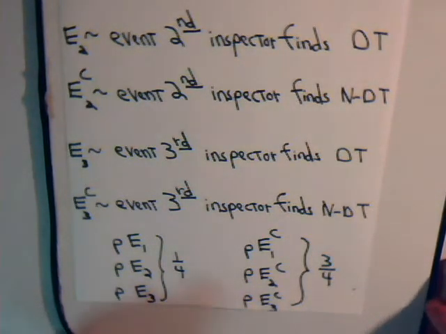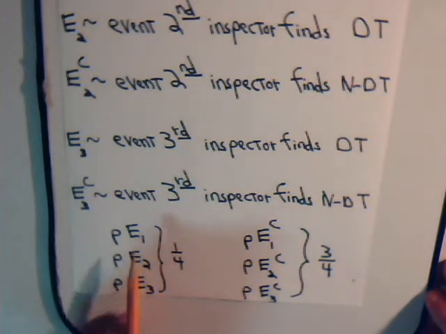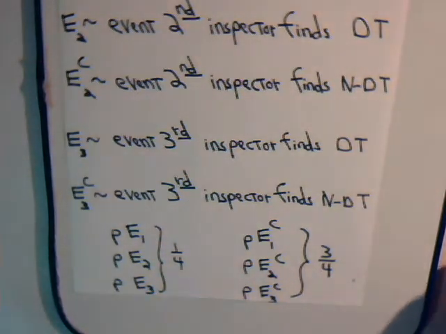Notice that the probability of the first, the second, or the third examiner finding a defective transistor is 1/4. Remember what happens: the first examiner removes a transistor, examines it, then puts it back inside the box. So you still have a box of 20 transistors, 5 of them defective, when the second examiner comes along. Same thing when the third examiner comes along.